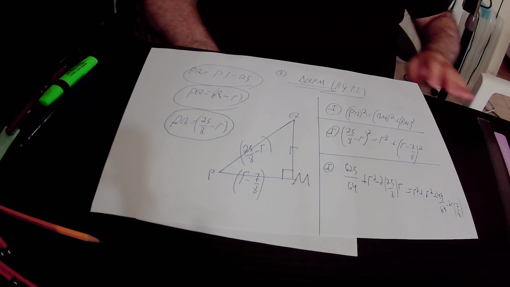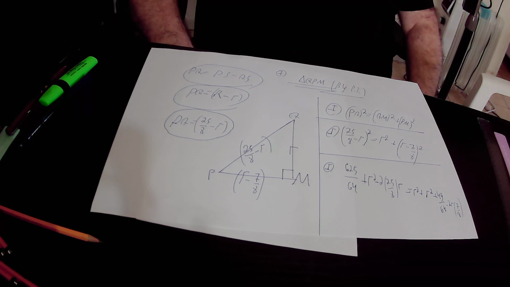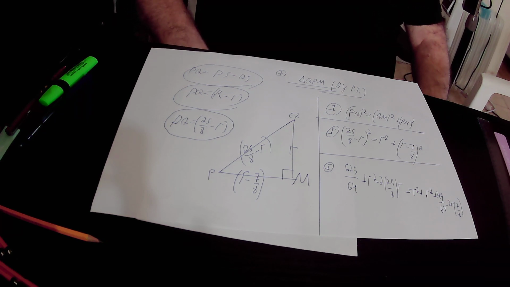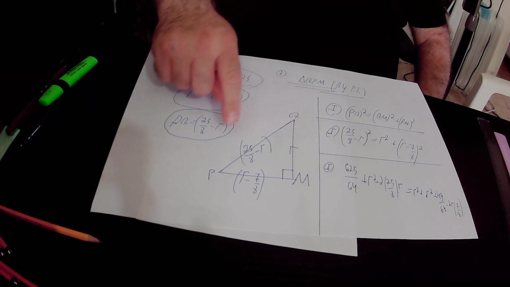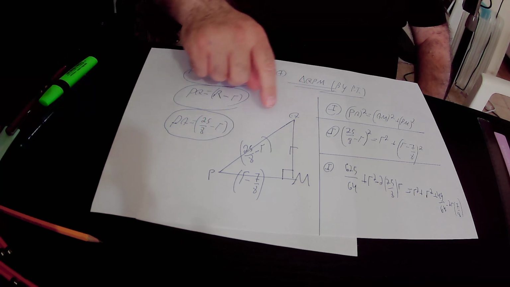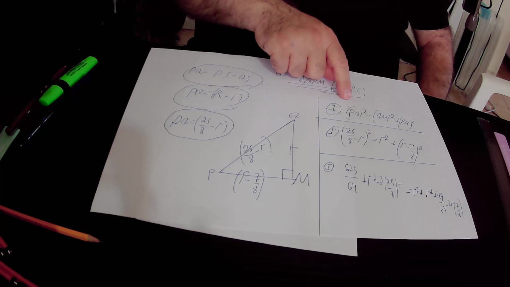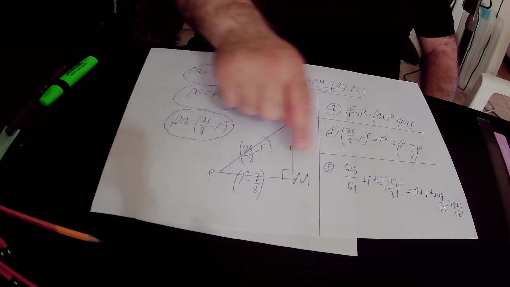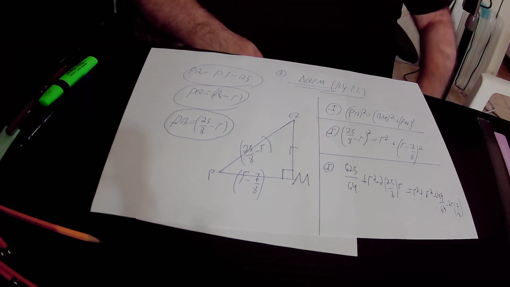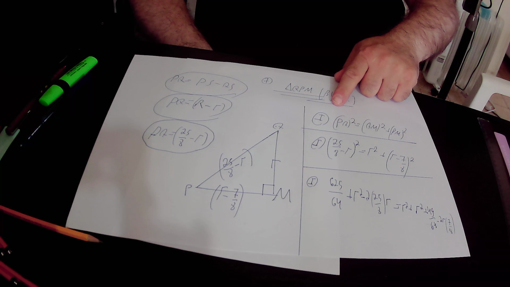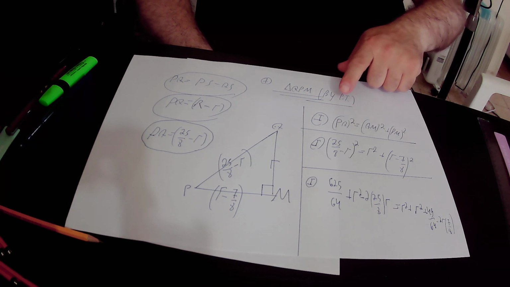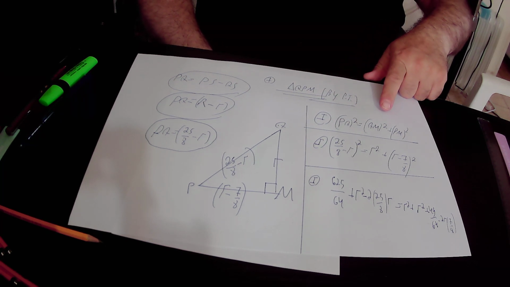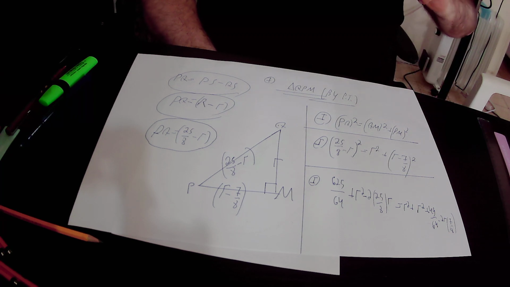According to the Pythagoras theorem, the square of the hypotenuse equals the sum of the squares of the perpendiculars. The hypotenuse is PQ, therefore the square of the hypotenuse is PQ squared, and it is equal to QM squared plus PM squared.